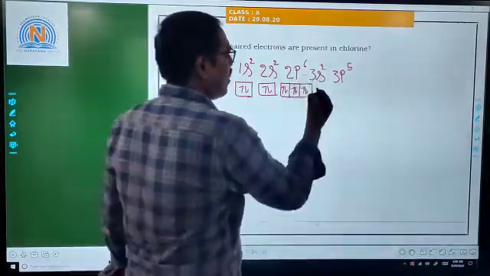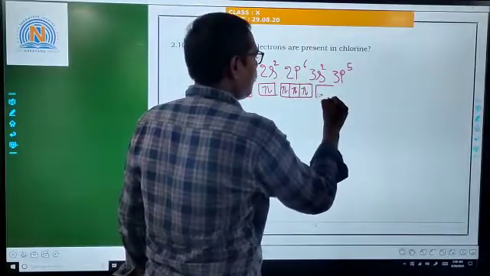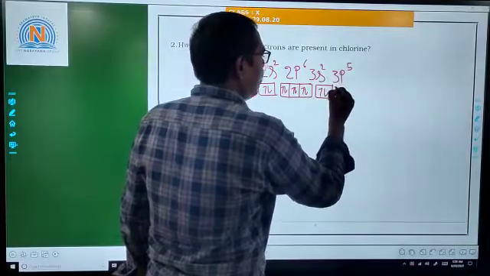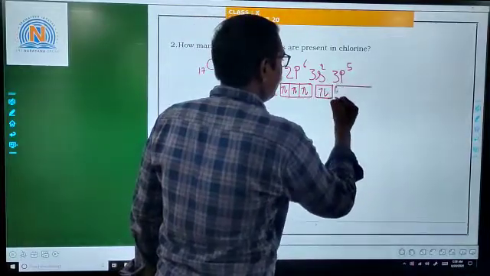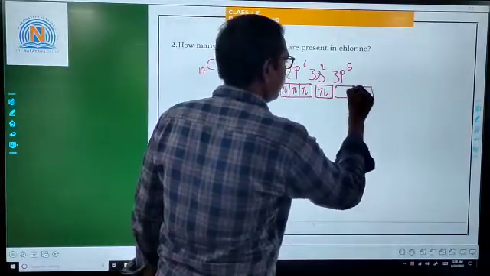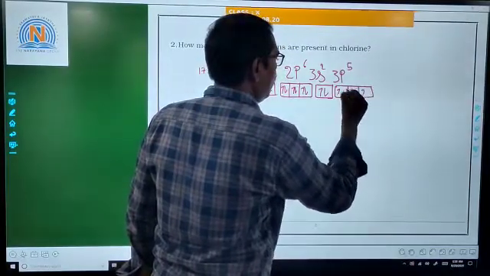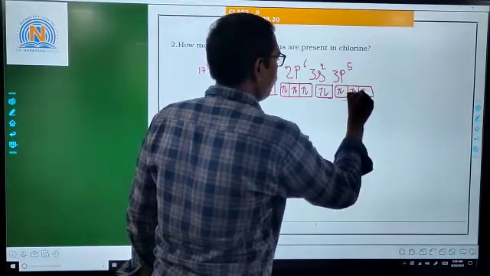Again in 3s orbital 2 electrons are present. In 3p orbital 5 electrons are present: 1, 2, 3, 4, 5.